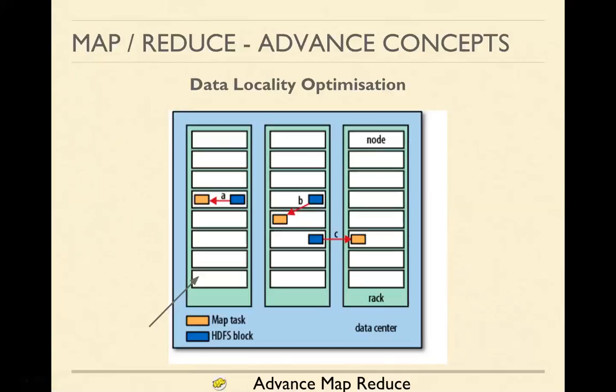In case B, the work is getting done on the same rack but a different machine. It's not really preferred, but it is better than C. In case C, the processing and the data are on different racks.